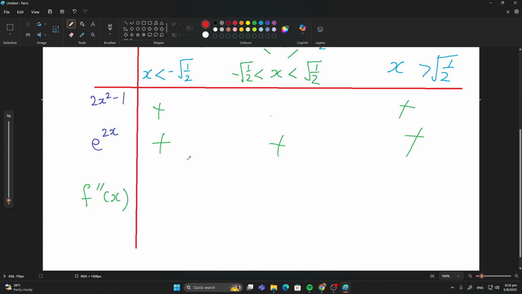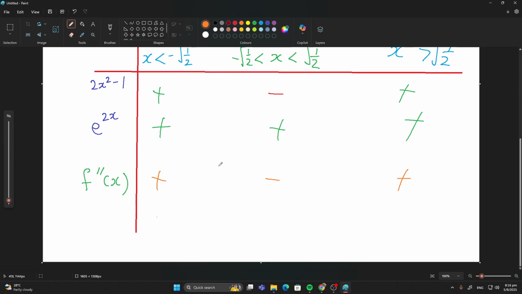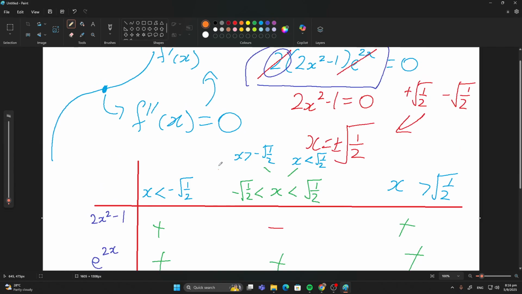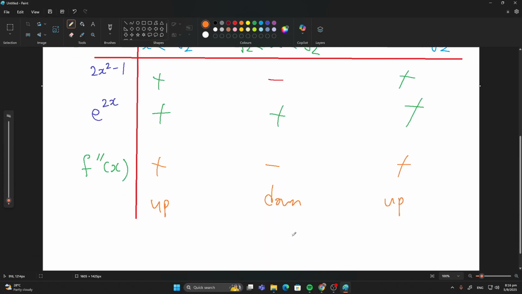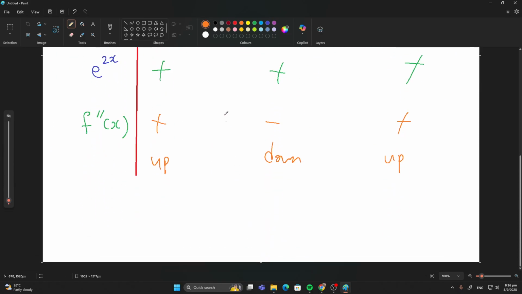Plus, minus, plus. Then when I solve it, this is plus, minus, plus. So this is basically concave up, concave down, concave up. So these points are my inflection points. Basically this graph will look something like this, so I have two points, like one here, something like that.